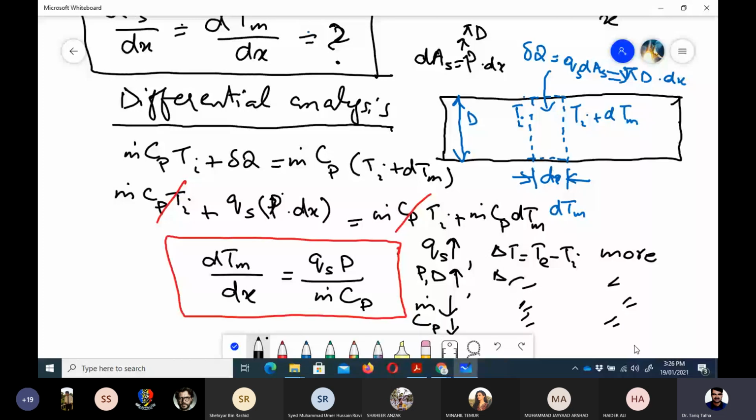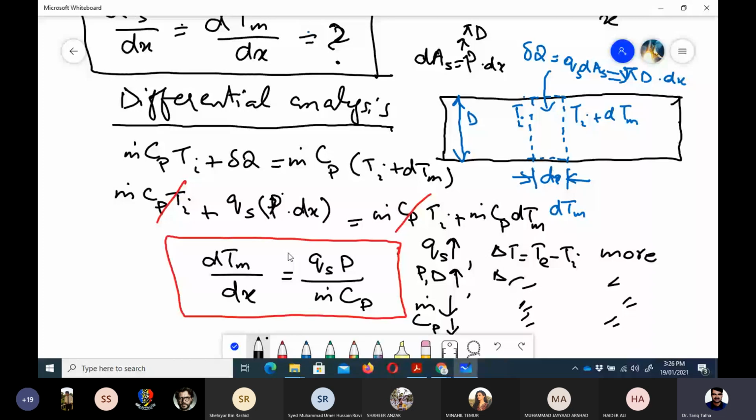Okay, so we can see this very easily. If the mass flow rate through the pipe is increasing, then the temperature rise would be less, and that is the same thing we experience in our geyser.